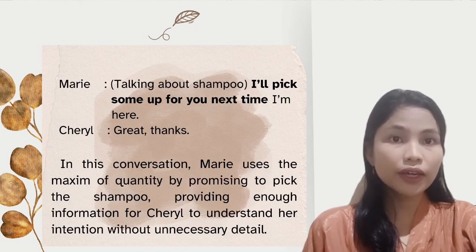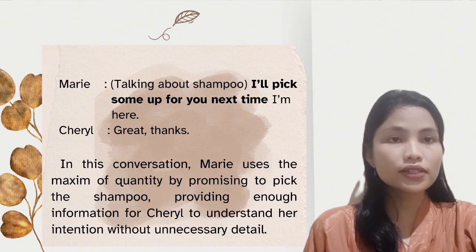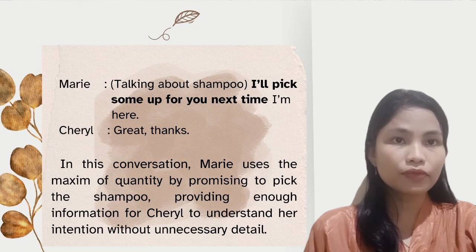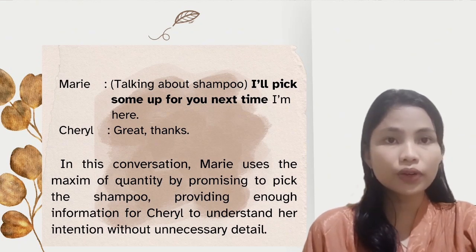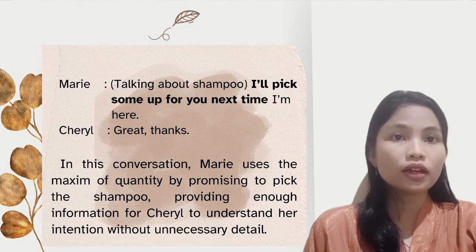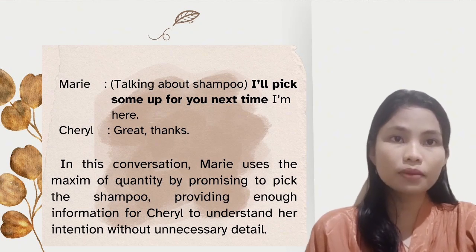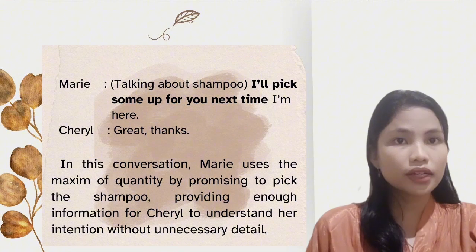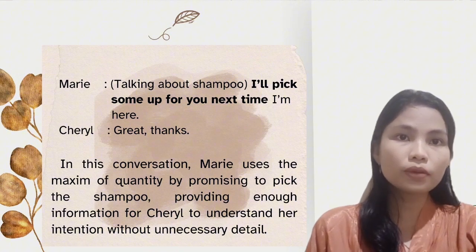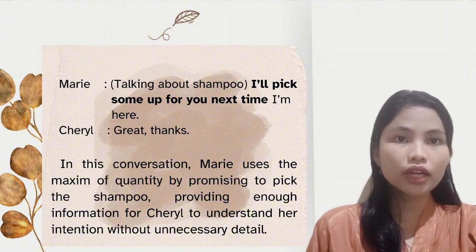Next, talking about shampoo, Mary said, "I'll pick some up for you next time I'm here." Cheryl replied, "Great, thanks." The utterance, "I'll pick some up for you next time I'm here," is a speech act because it involves making a promise or commitment through language.